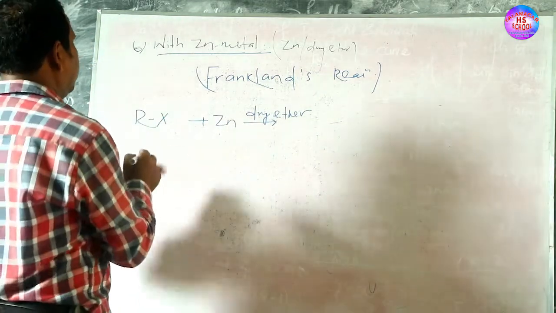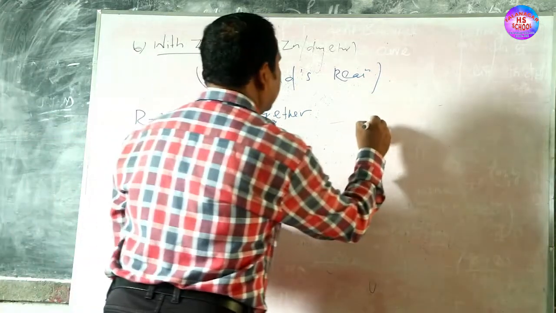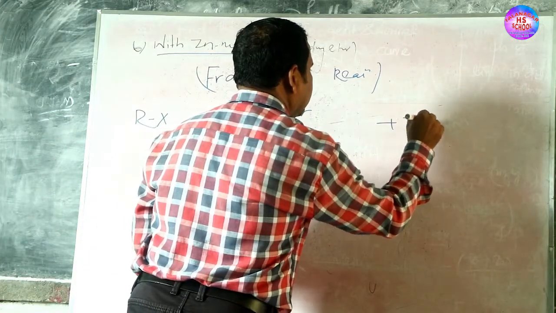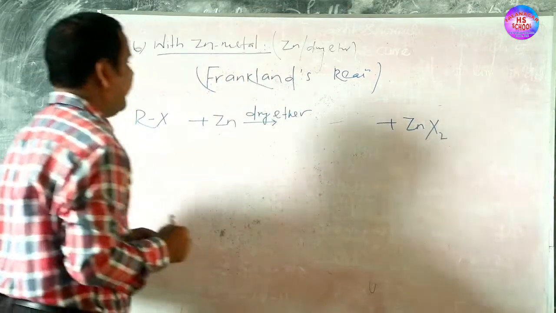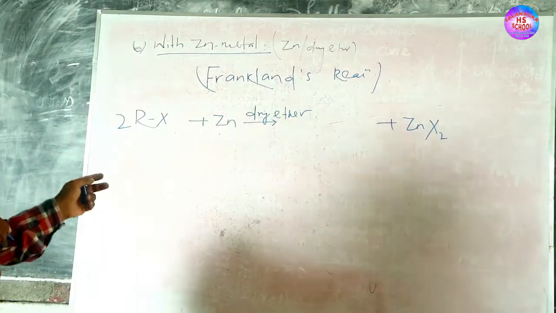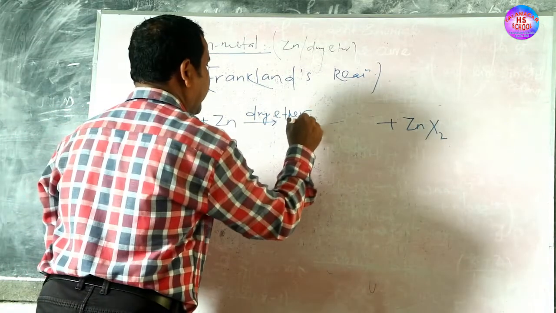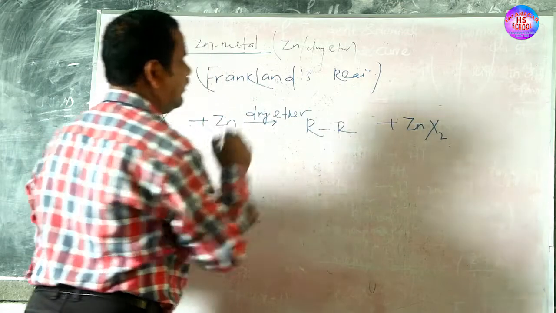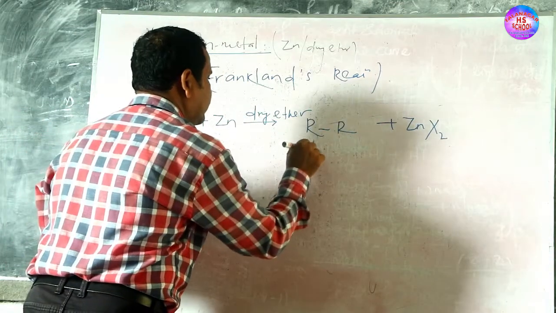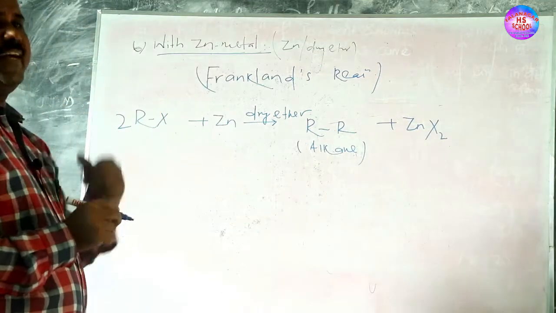We get zinc halide ZnX2. So, two molecules of alkyl halide, 2RX, and another product will be R–R. This compound is alkane, and the other product is ZnX2.